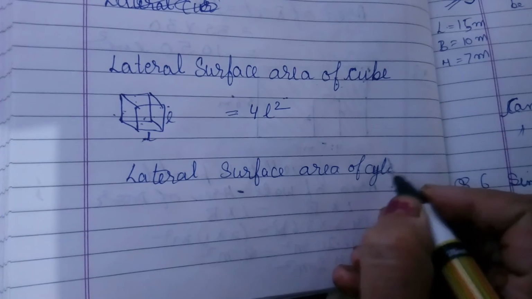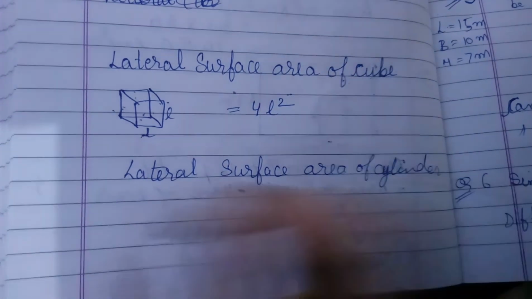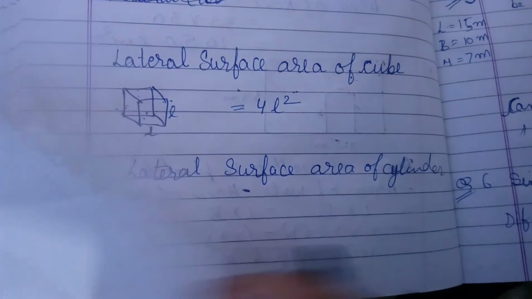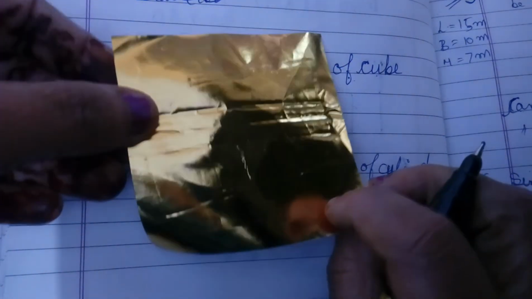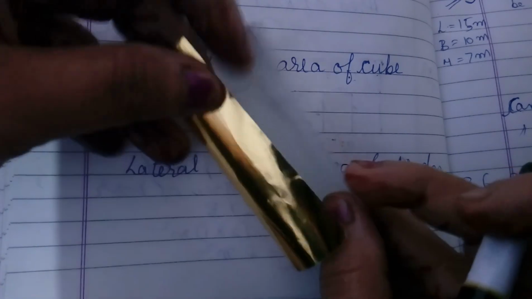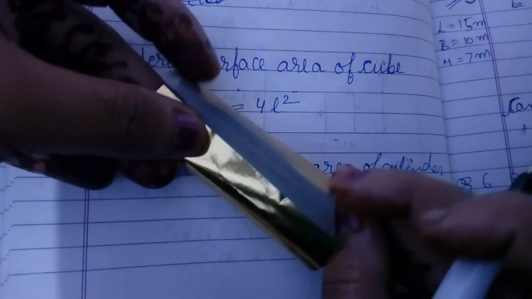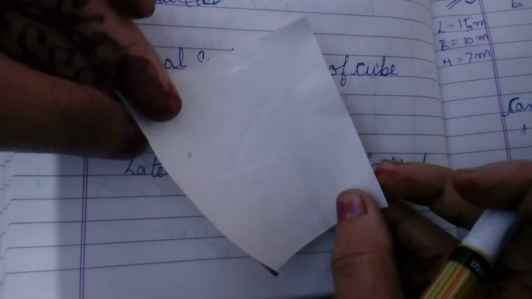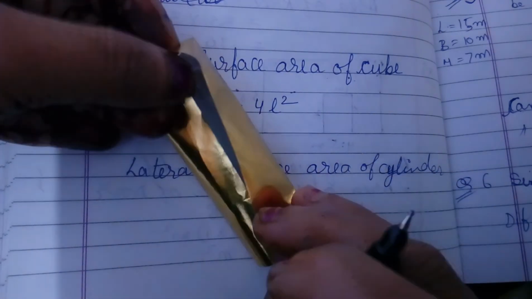Now in case of a cylinder, see how a cylinder is made. This is a sheet. You may take it rectangular or square, it doesn't make a difference. Now we fold this rectangular sheet to form a cylinder.